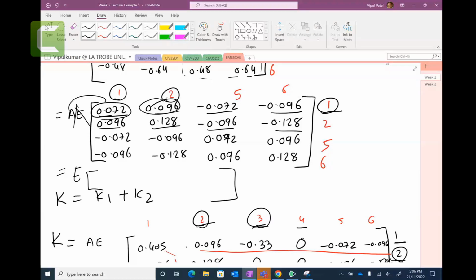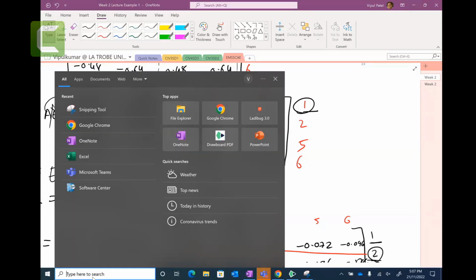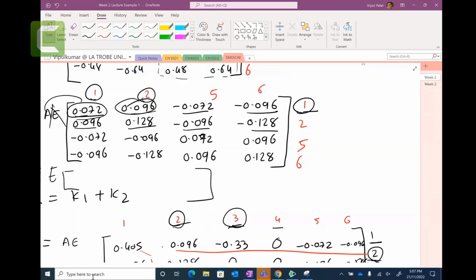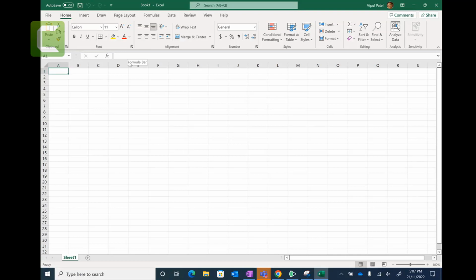So for that case, let's do the Excel. If you want to follow with me, we have another 20 minutes. I might go a bit quick, but we want to do the Excel. If you want, open the Excel, please. Whatever answers I am giving you here are possible by Excel, because it is a computer-friendly method.